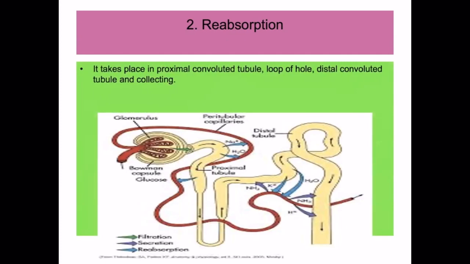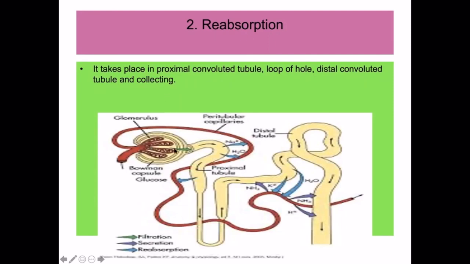So it takes place in the proximal convoluted tubule and the loop of Henle. This one is the loop of Henle, not loop of hole. So this process, reabsorption, will take place in the proximal convoluted tubule, loop of Henle, distal convoluted tubule, and the last one, the collecting duct.